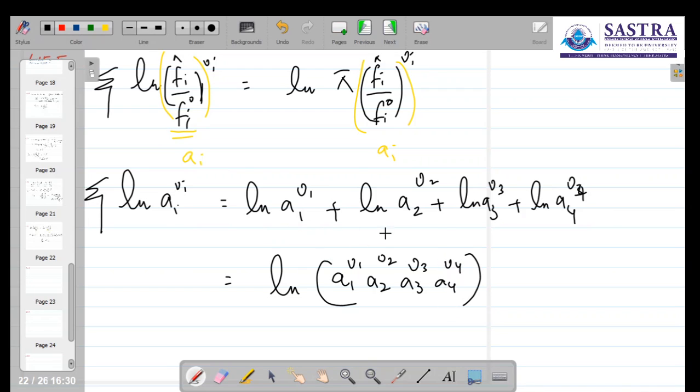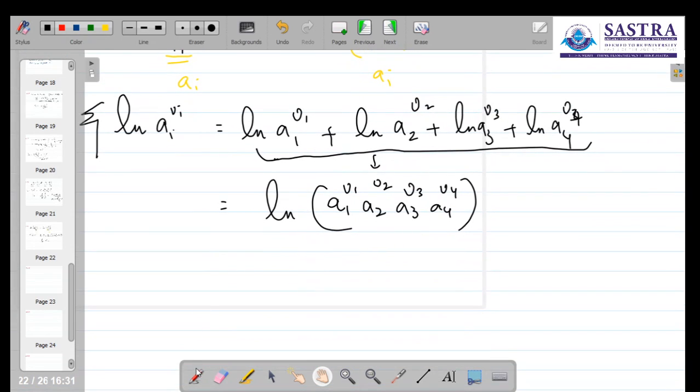So by using the algebraic product rule of logarithms, we can convert this summation to a product, and this is what we write as ln of the product notation of the activity of a species raised to their respective stoichiometric coefficient.